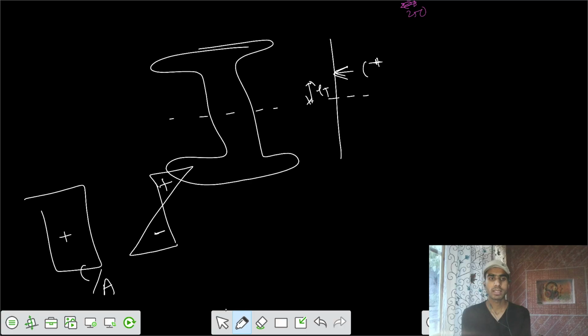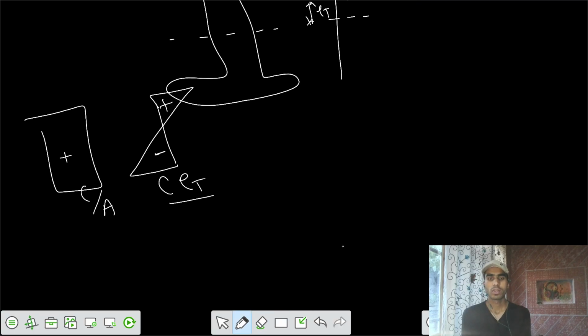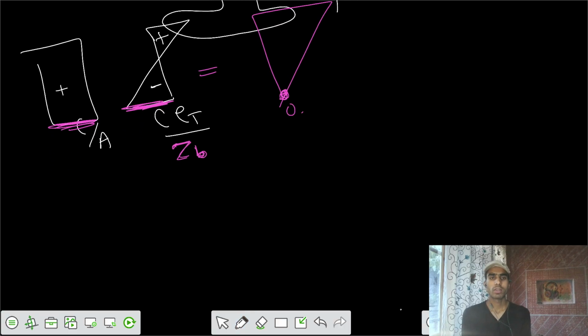So this is C e top by Z, and we have to keep here Z bottom, because we are calculating for the bottom part. I want the condition that stress should not be tensile, that stress should be 0. So I am calculating at the bottom part only, so I have to keep here Z bottom.